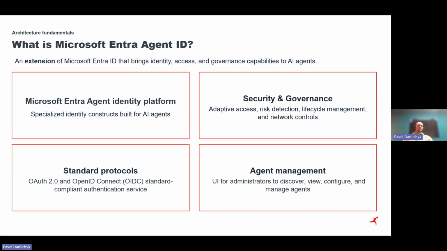The main purpose of this extension is the unified and standard management of our agents, because every day we build more and more agents. Behind this extension is the Agent Identity platform, which provides a set of specialized identity constructs for AI agents. In other words, how our agents look in our Entra ID.